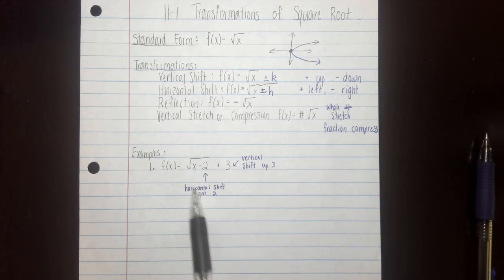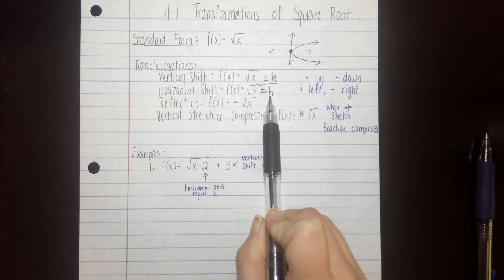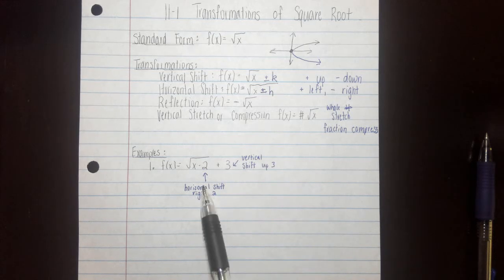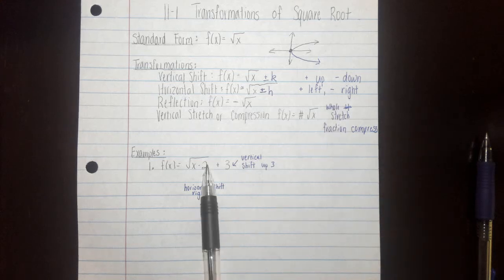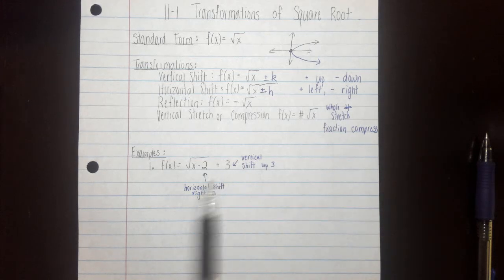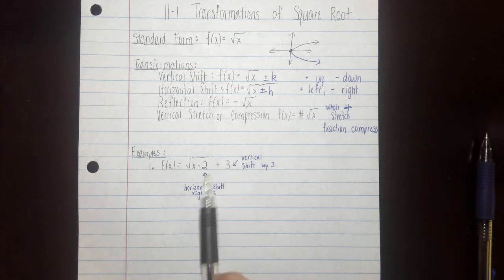This minus 2 is inside the radical, so this tells us that we are going to have a horizontal shift, and since it's minus, it goes to the right 2. And then the plus 3 on the outside says that we're going to have a vertical shift, and since it's positive, it goes up by 3. Each number means something.